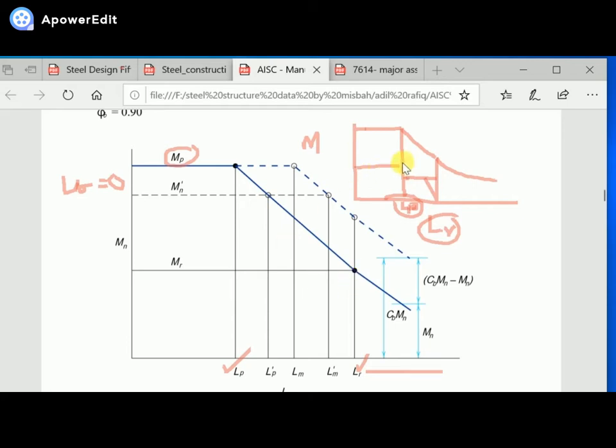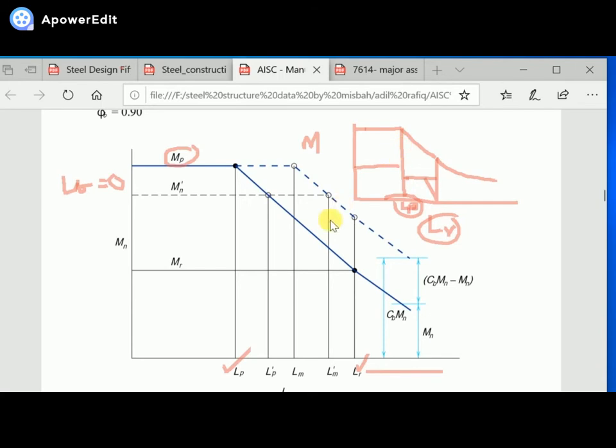Remember that according to these three zones we have three sections of beam as well: a compact section, a non-compact section, and a slender section. We will check what the compact criteria and non-compact criteria are. I will also give you formulas for how we check the section of a steel beam.